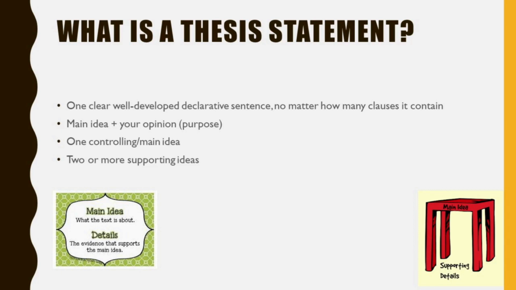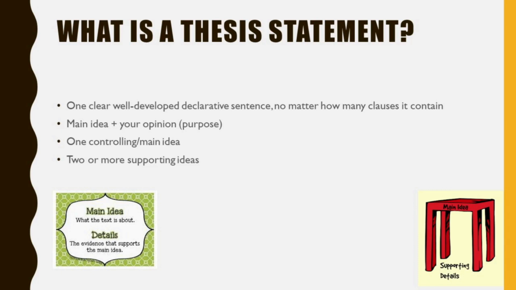It is a clearly well developed declarative sentence, no matter how many clauses it contains, right? It is a single well developed declarative sentence comprising your main idea and the opinion you have intended upon. This main idea or controlling idea is supported by two or more supporting ideas. Look at this picture.